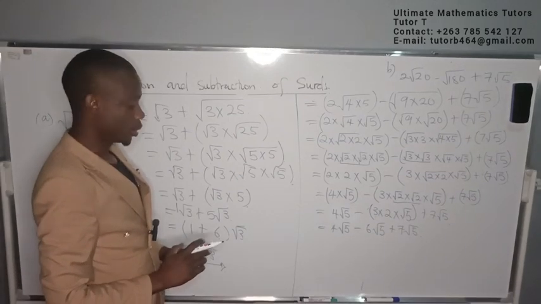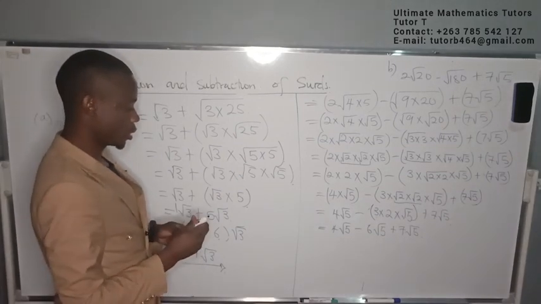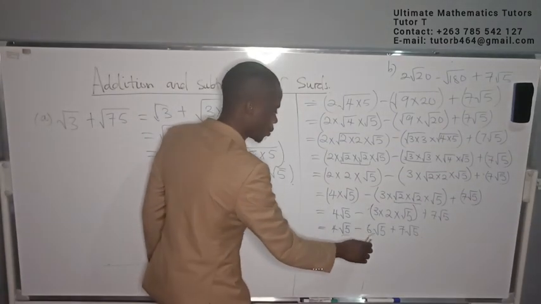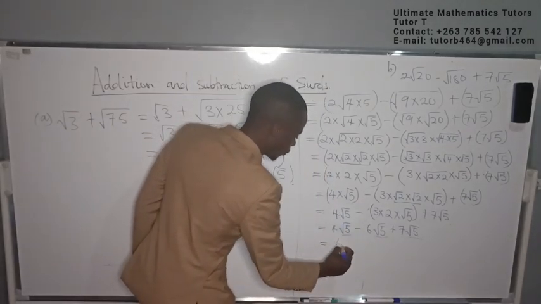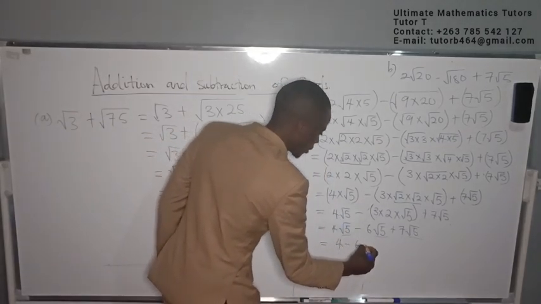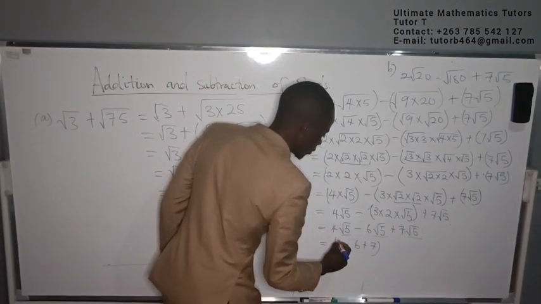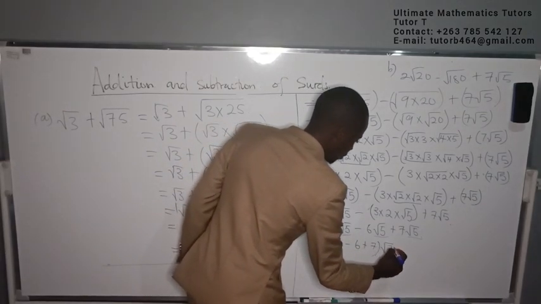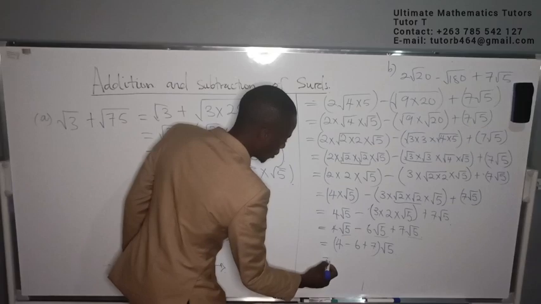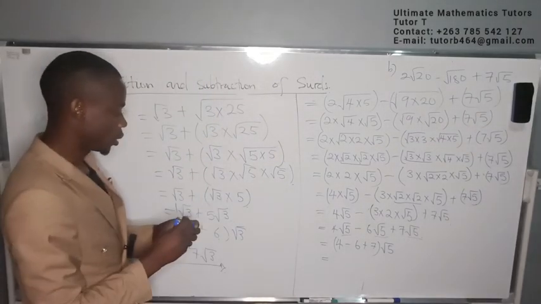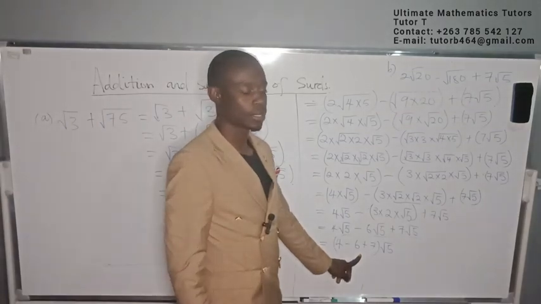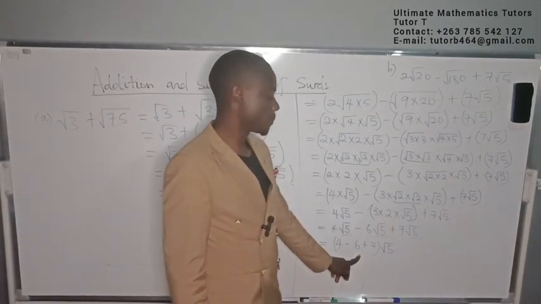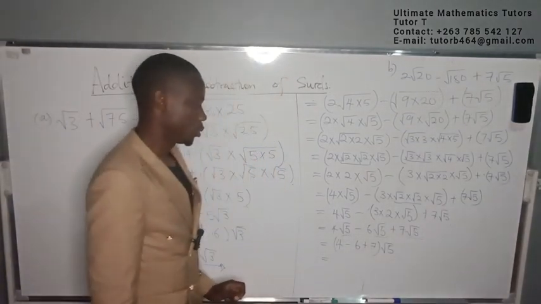And now we're at the stage where we need to factorize what is common, and root of 5 is common here, so we're going to be left with 4 minus 6 plus 7 times root of 5. Now 4 minus 6 is minus 2, right?